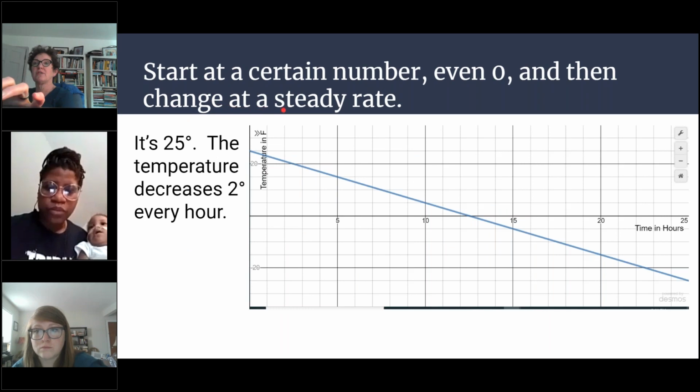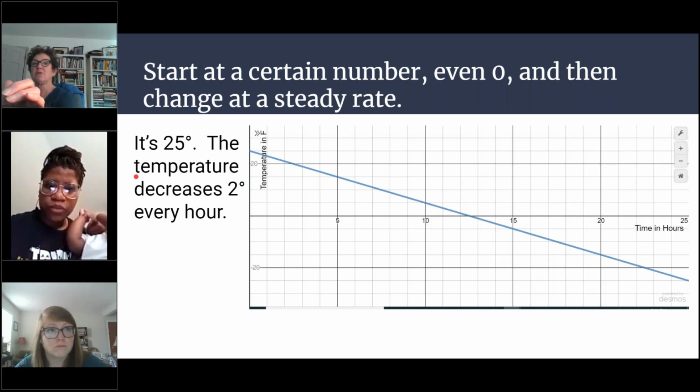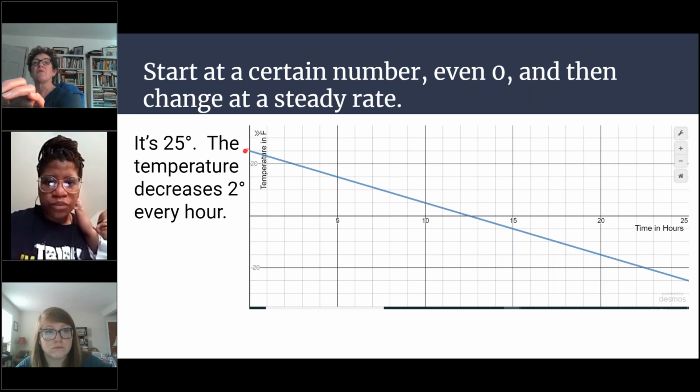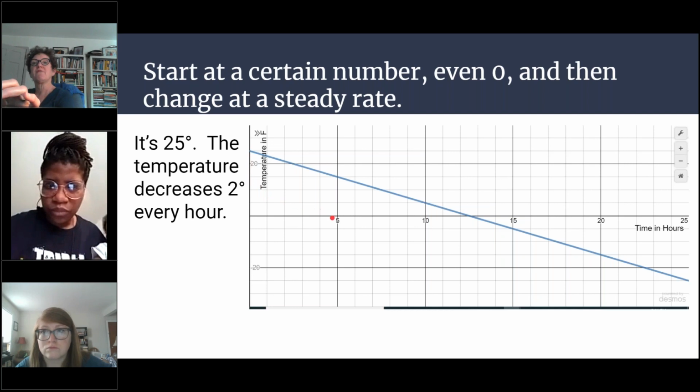Again, we're going to start at a certain number and then change at a steady rate. It's 25 degrees. The temperature decreases 2 degrees every hour. So if I start at my number 25 and then I go down 2 degrees, what will the temperature be in 5 hours, in 6 hours, in 10 hours, in 13 hours?